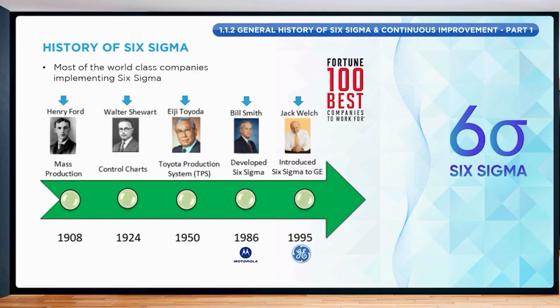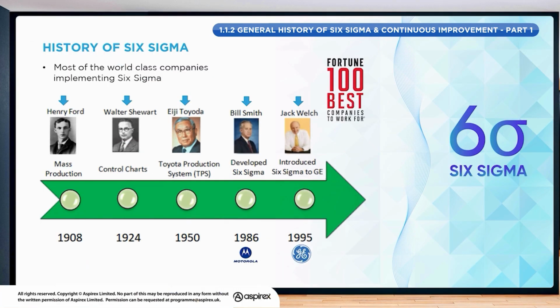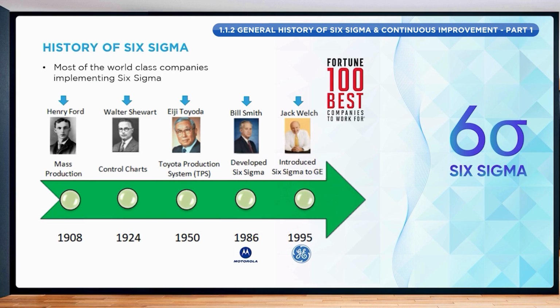Another key figure is Bill Smith. Bill Smith was an engineer who was working for Motorola. He is considered the godfather of the Six Sigma methodology. And finally, we have Jack Welch.